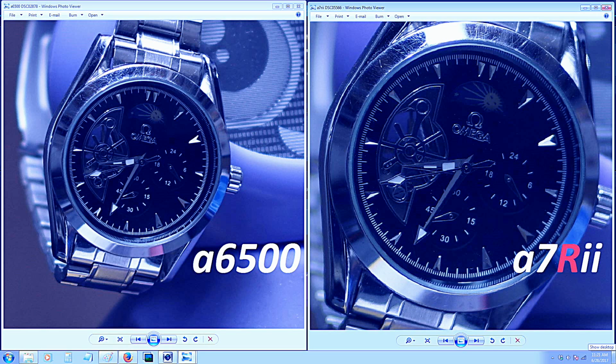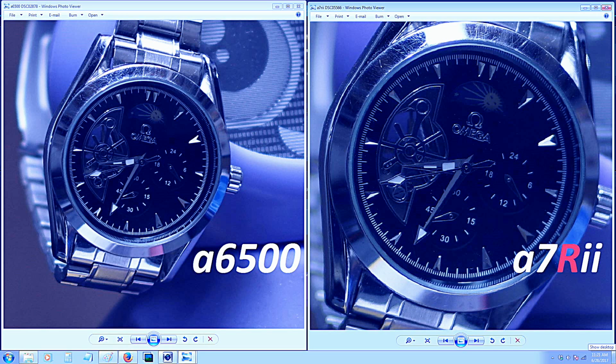So what does that mean? Well, I mentioned before about zooming in 6 times with the Sony a6500, and with the Sony a7R2 zooming in 9 times. So even if the Sony a6500 is already zooming 6 times, and you want to zoom even further, you can see on the Sony a7R2 another 3 more times, or 9 times, there is no quality loss in terms of detail, no pixelation and all that.